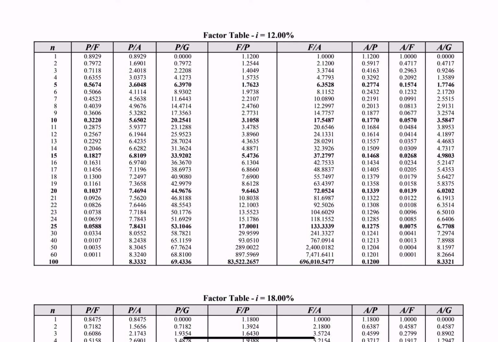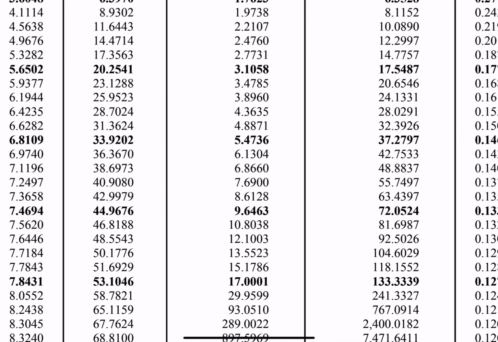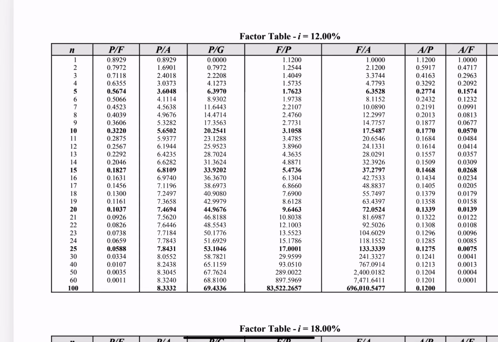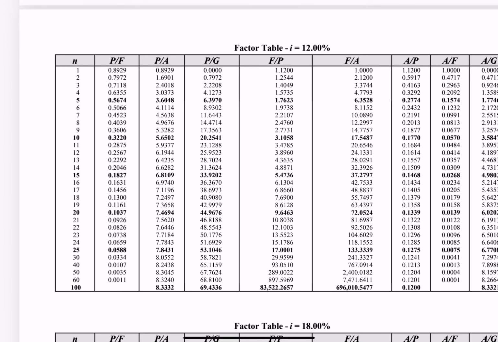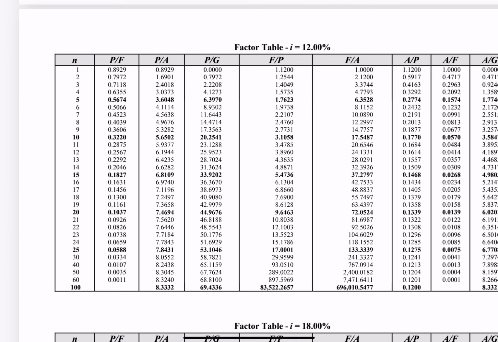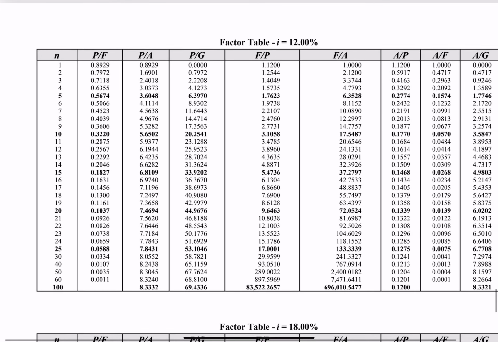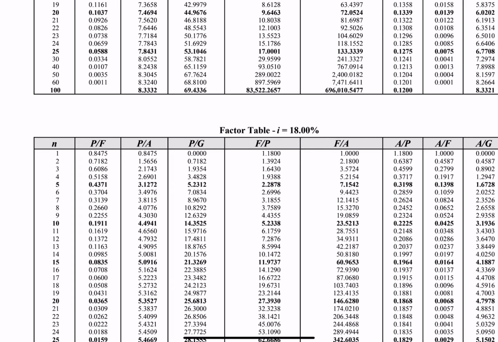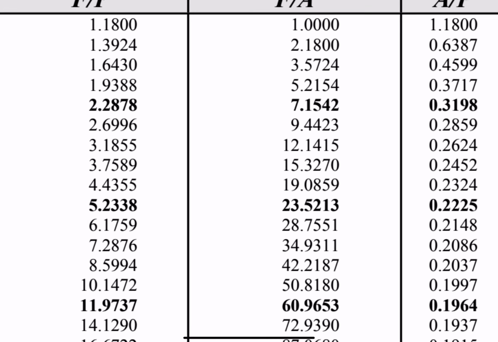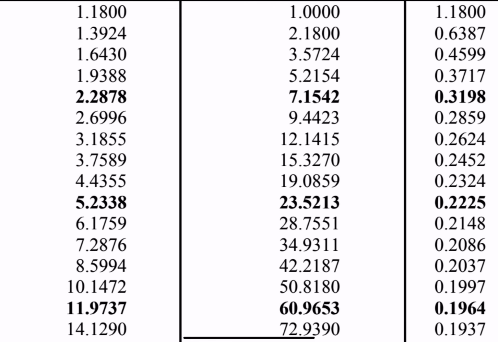As you can see, that number here is 12.2997 for F over A at 8 years. And then at 18%, F over A at 8 years will be 15.3270.